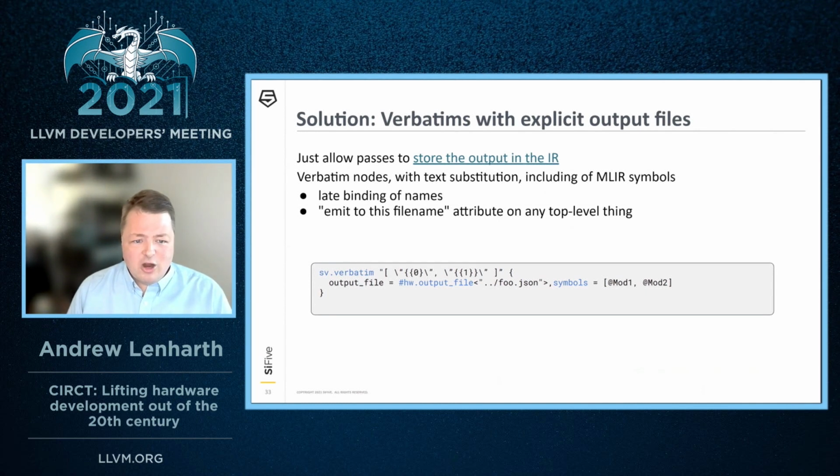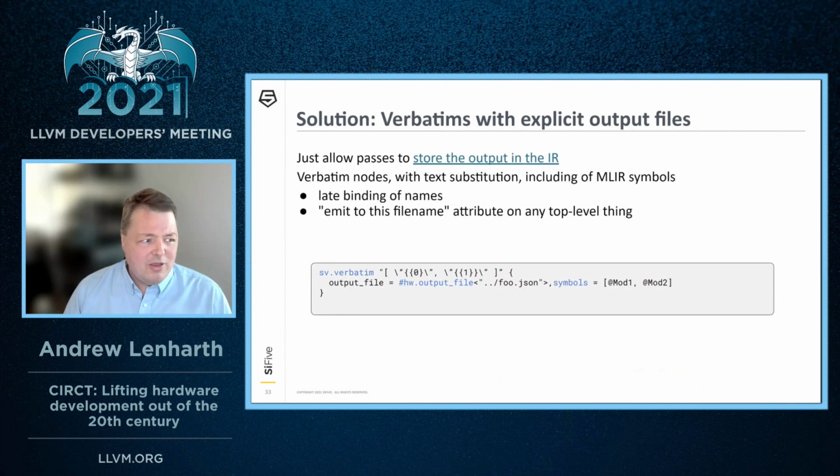So they're basically like arbitrary printf things, but the substitution is smart, right? You can pass in paths, you can pass in symbols, and then at emission time, we can resolve those to the actual names that were used during code emission, in terms of what was actually generated.